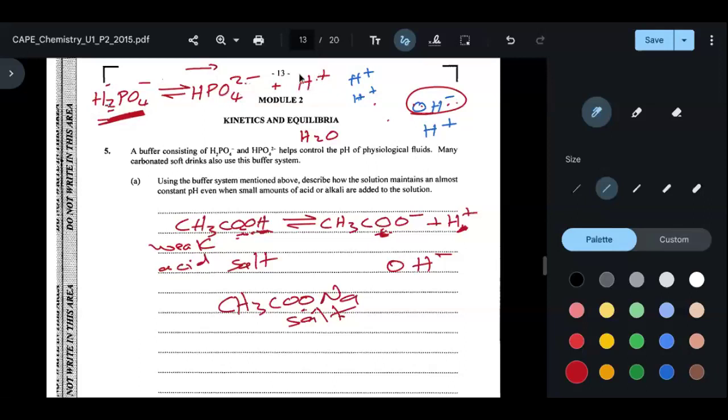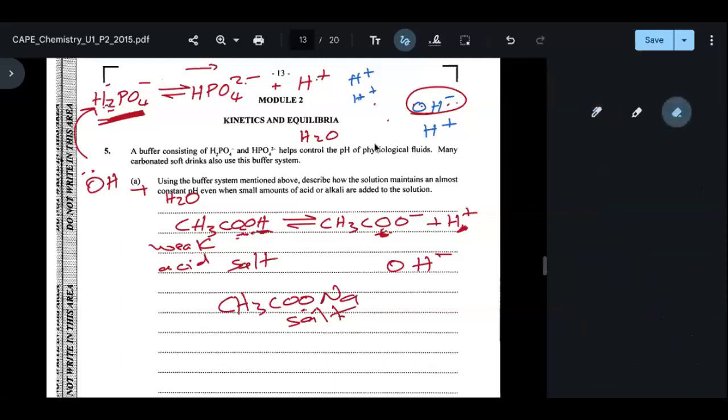But you would not be getting the H plus, because remember, this will be accepting a hydrogen to form H2O. All right. So I would use this as well as the H plus to facilitate the removal of the excess OH ion. All right. This was just a quick recap.